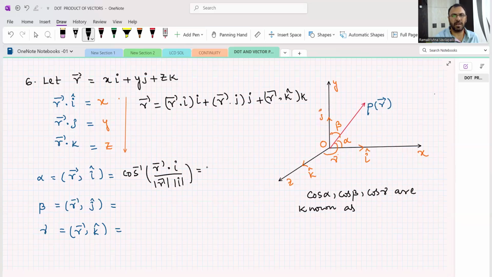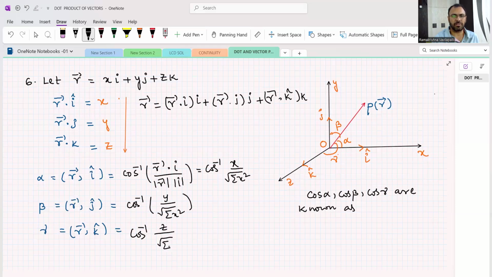This is simply cos inverse of x by under root sigma x square, which is the magnitude of the vector. Similarly, the angle with j cap is cos inverse of y by under root sigma x square, and the angle between r bar and k cap is cos inverse of z by under root sigma x square.